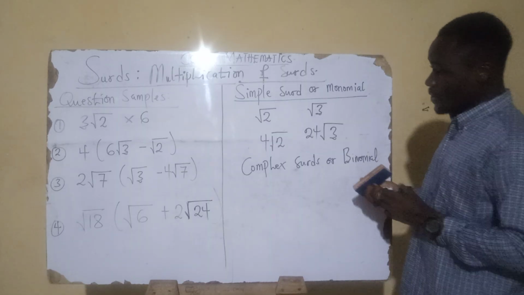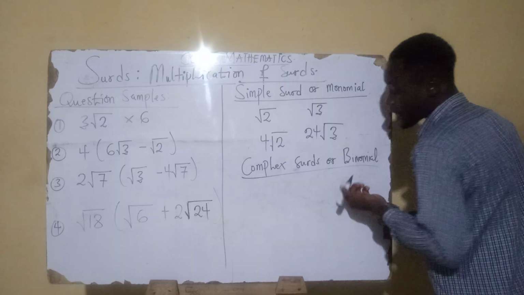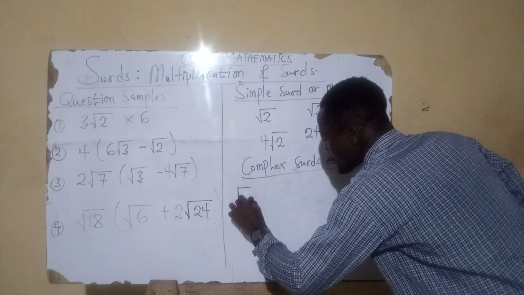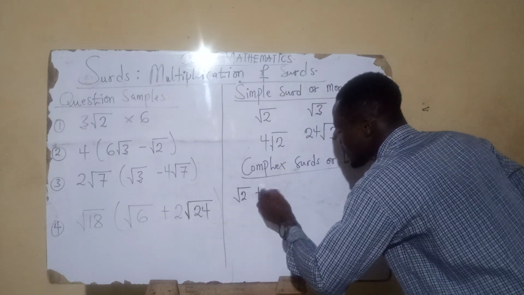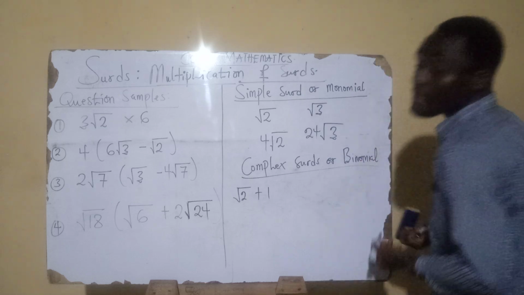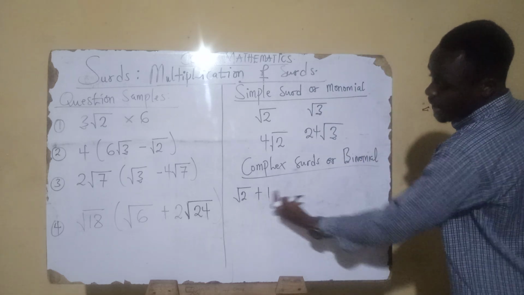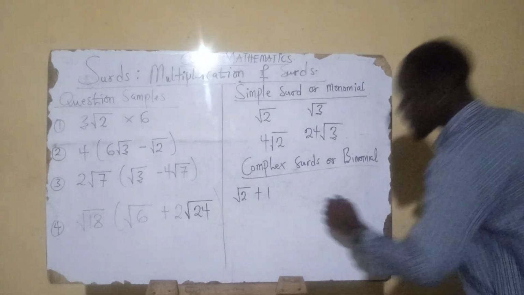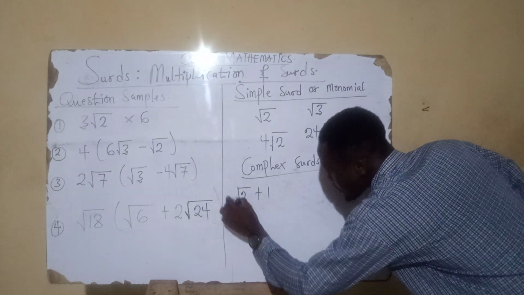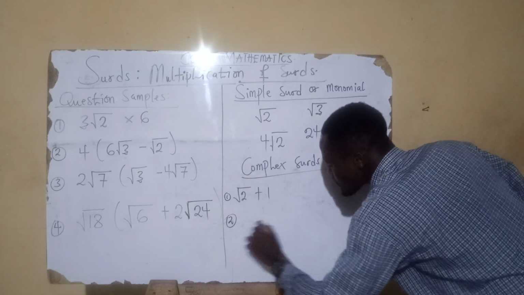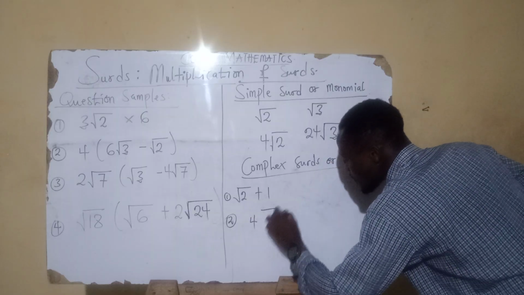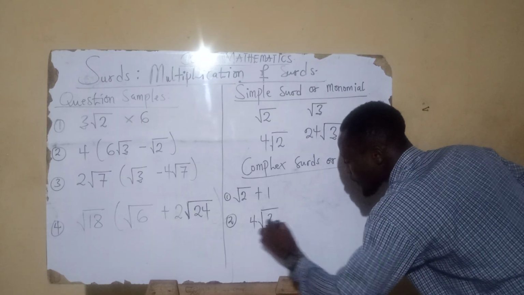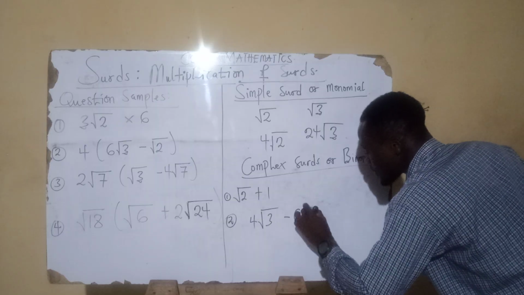So here I can have an example as, let's say, root of 2 plus 1. This can be an example of a complex surd, because of the addition sign. I can have something like 4 root 3 minus 6 root of 2.